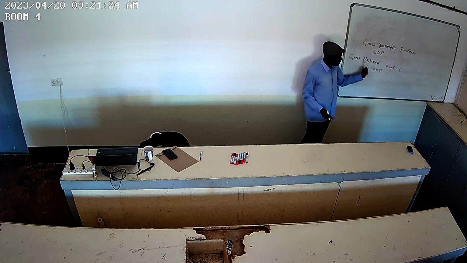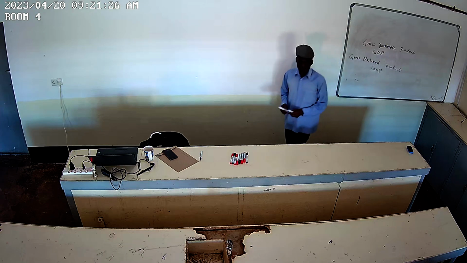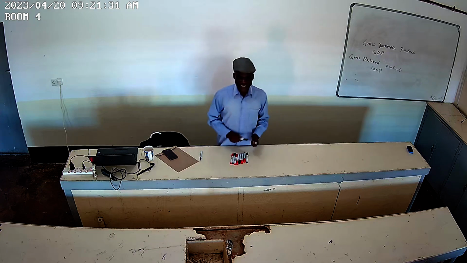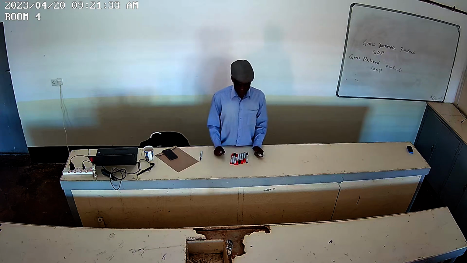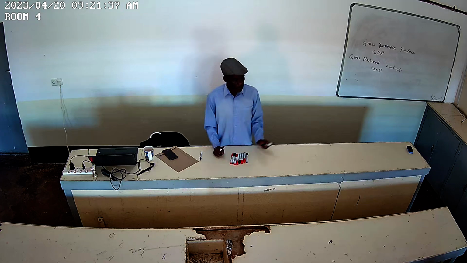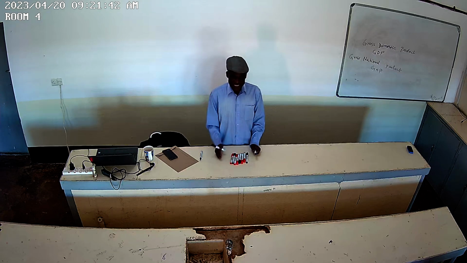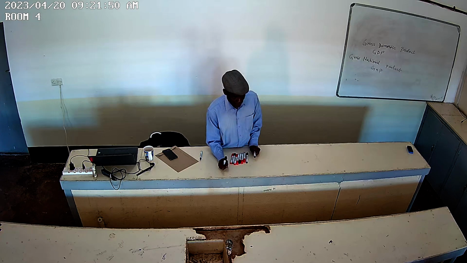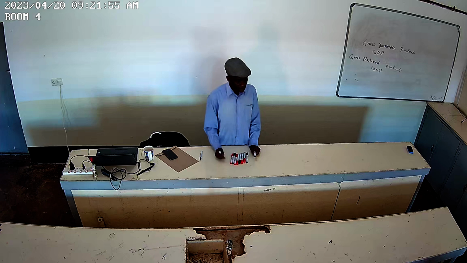GNP, gross national product, this one refers, you start looking at citizens. So gross national product is only about what the citizens of Malawi have produced, regardless of where they are. Whether they are in Malawi or not doesn't matter.